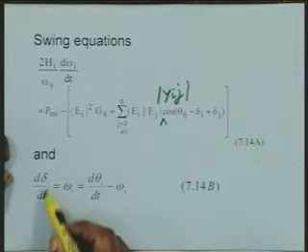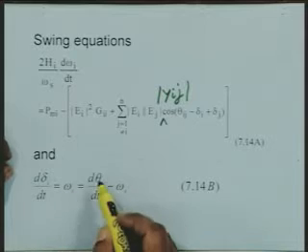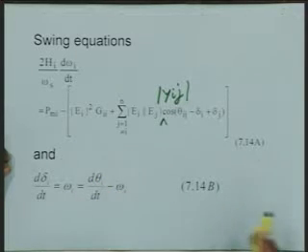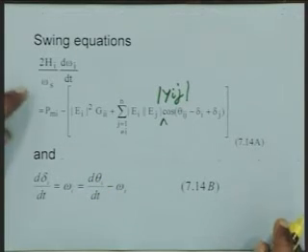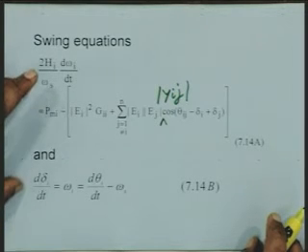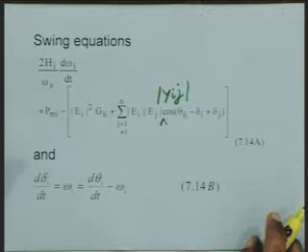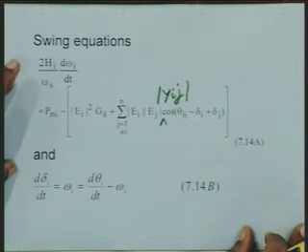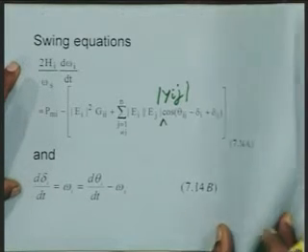Therefore, I am writing d delta i by dt equal to omega i, which is equal to d theta i by dt minus omega s. Therefore, what we see here is that we have written two first order equations for one machine, and if you have n machines in the system, then you will get a total of 2n such first order equations.